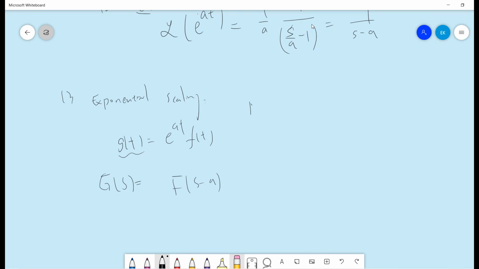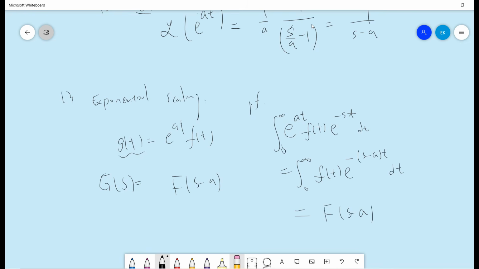The proof is very simple, since exponential at f of t times exponential minus st, integrated from 0 to infinity, is the integral of f of t exponential minus s minus a t dt. So this is just F of s minus a. Just write carefully.